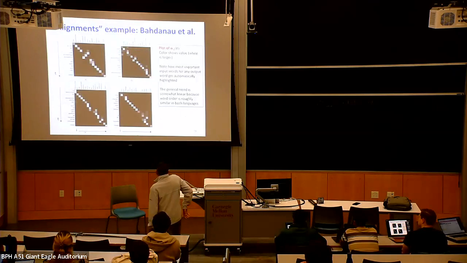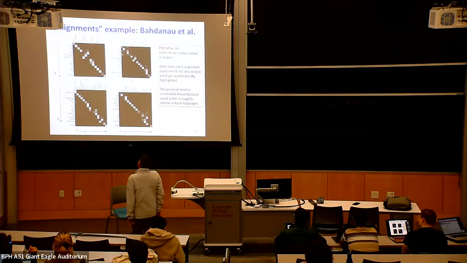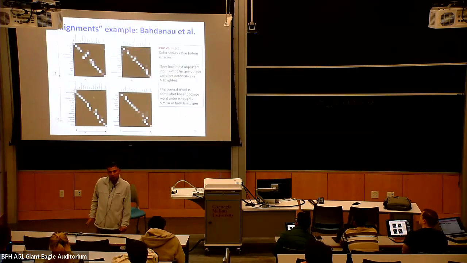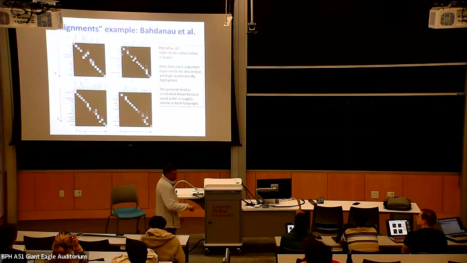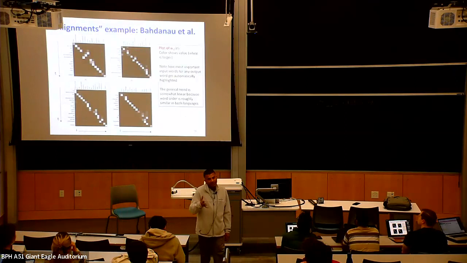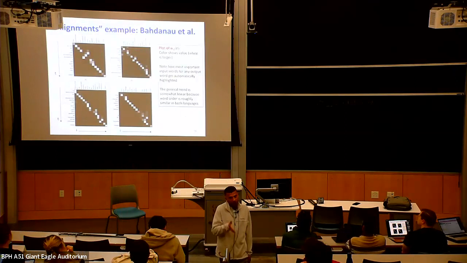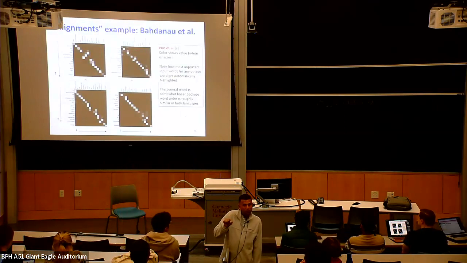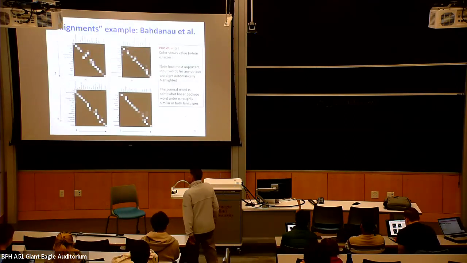So here are some examples from the first paper by Bahdanau et al. They use this for machine translation. And the figure here shows, so the input is in English, which is shown on top. It's being translated to French, which is being shown on the side. And each row shows the set of attention weights that was used to compute the word that's being shown on the left.